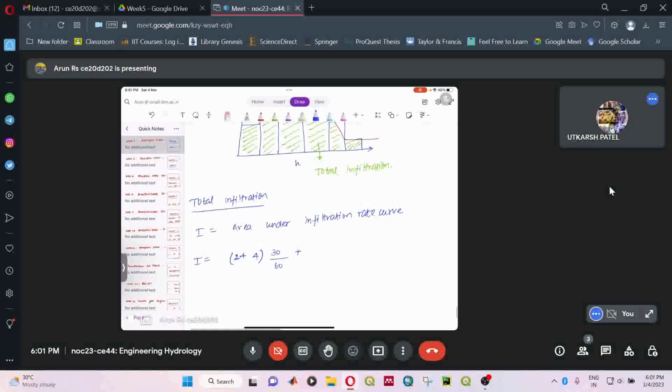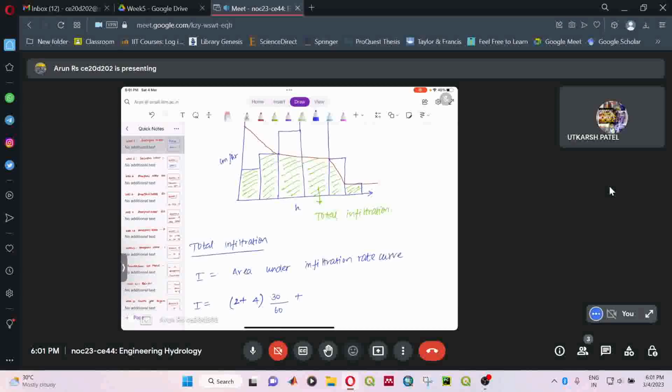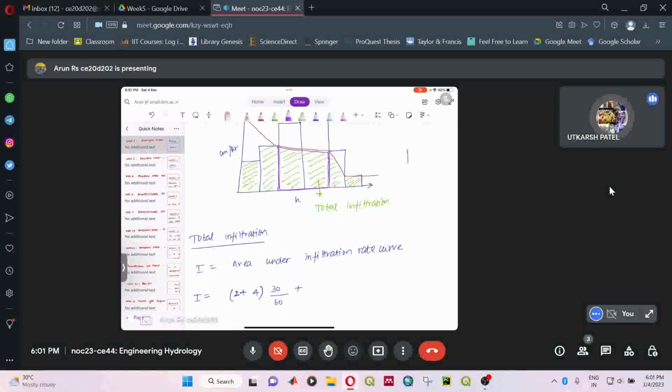So next thing is, this looks like a trapezium, right? This block, which I have marked in violet. The area of a trapezium is half into the sum of the parallel sides into height. So this is A, this is B, this is your height.